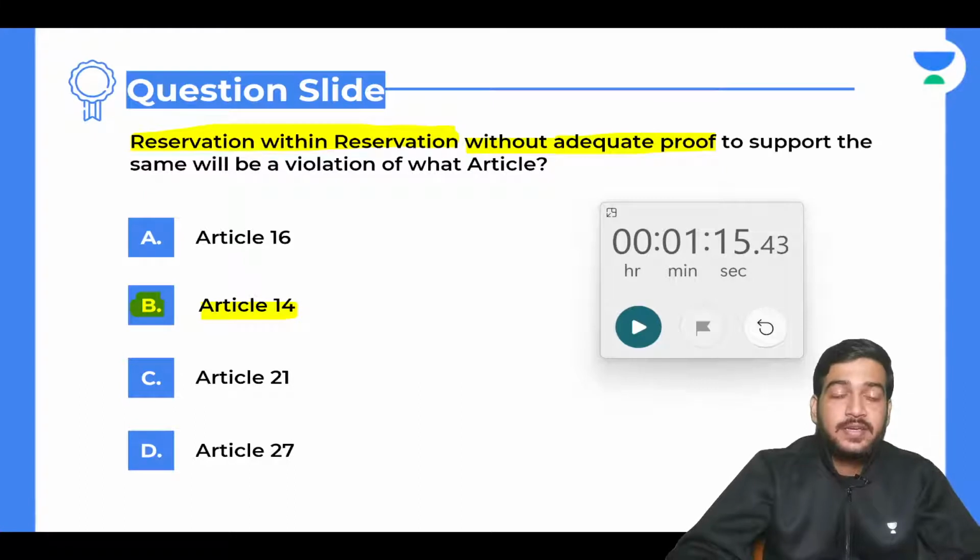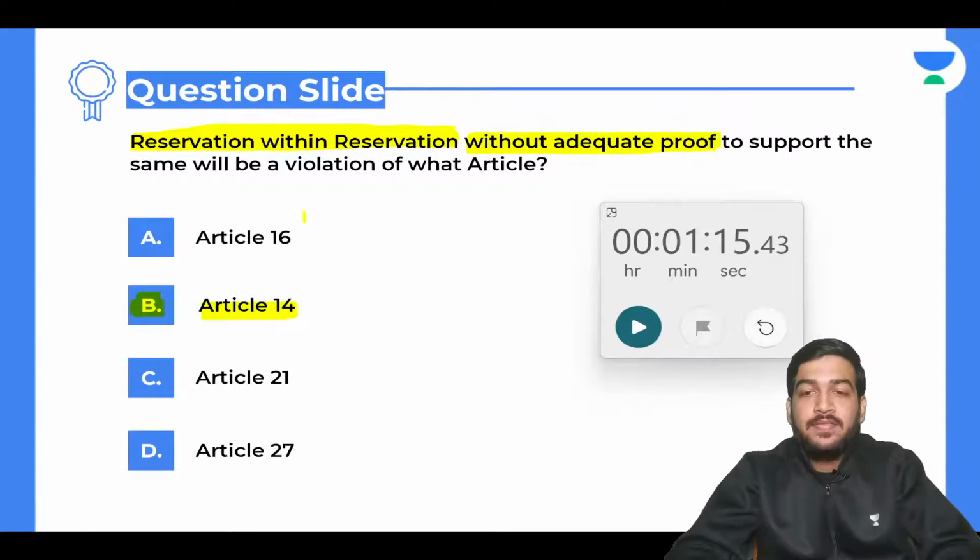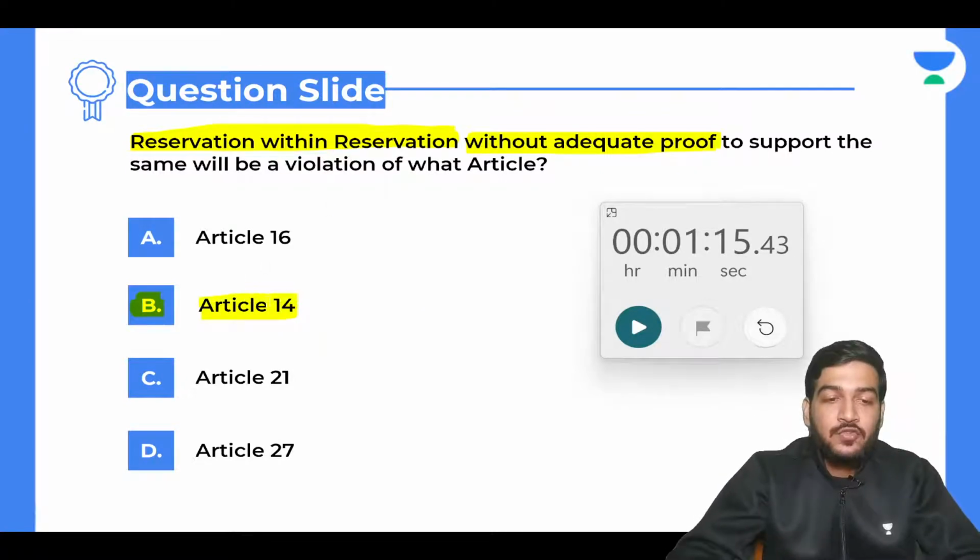Article 16 permits reservation, but if your reservation is without proof, then it violates Article 14, right to equality. I have repeatedly told you, reservation within reservation without adequate proof is a violation of equality. Therefore make sure it will always be Article 14.